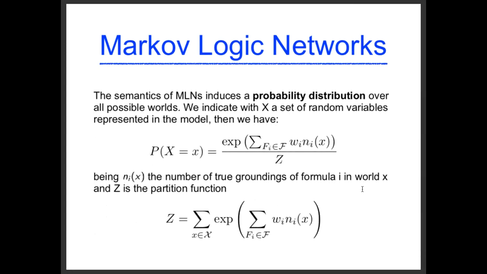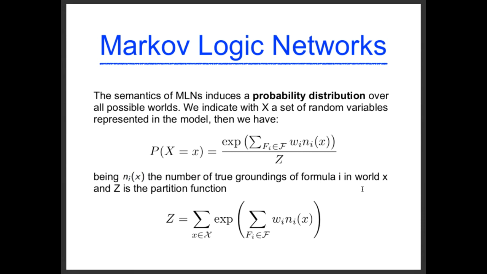So what is the semantics now of an MLN? We have a probability distribution over all possible worlds. If X is the set of random variables of your model, the MLN induces this probability distribution, where the probability of world x, so of the assignment lowercase x to the random variable set big X, follows this formula.